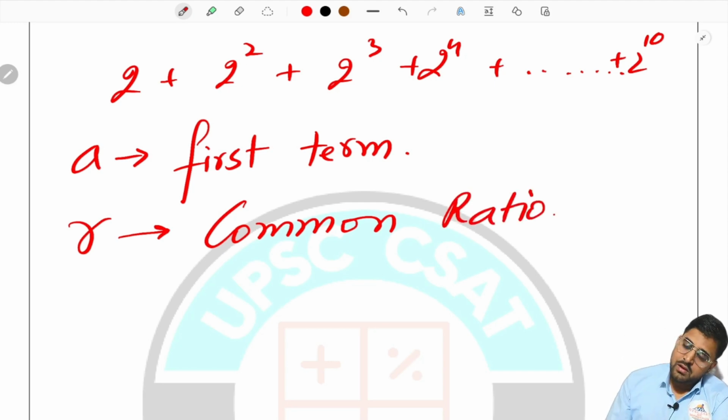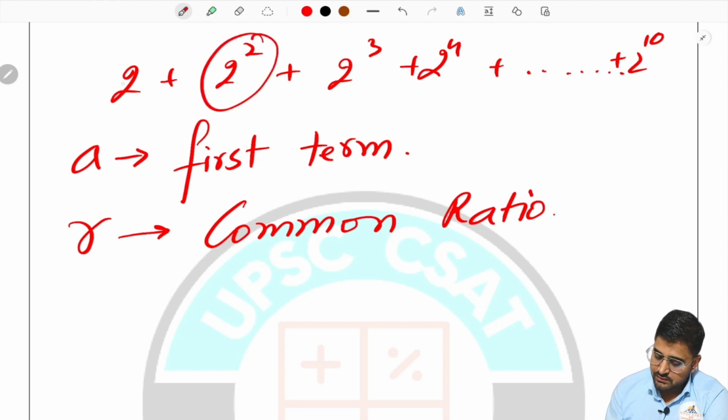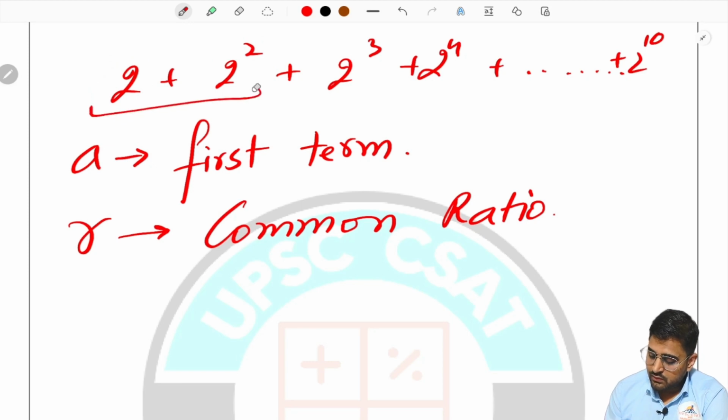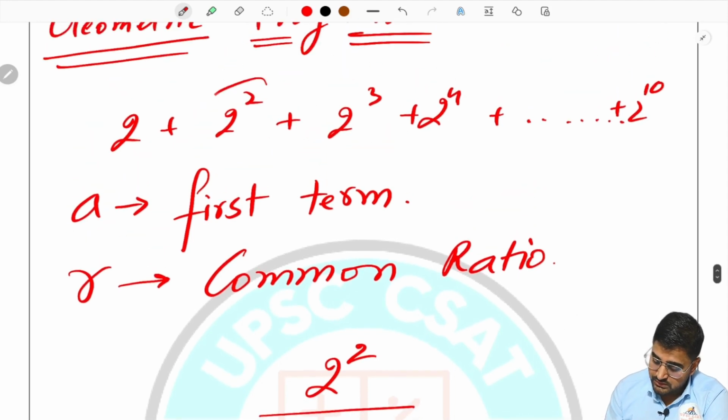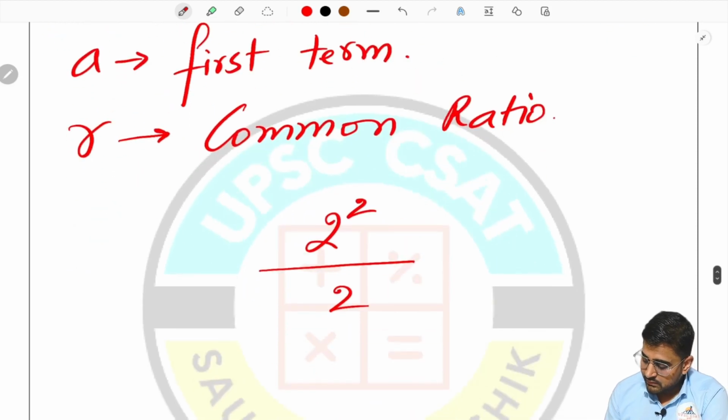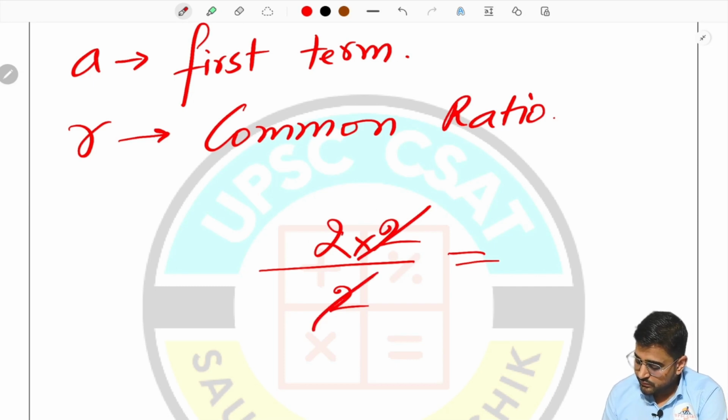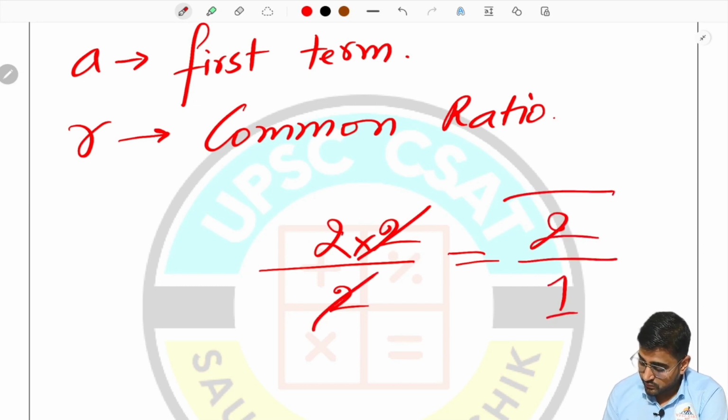See, in AP we subtract this from this. But in this case, we are not going to subtract. We will do 2 to the power 2 divided by 2, this term divided by this term. Then it gives us a ratio. It is basically 2 into 2 divided by 2, this 2 cancels with this 2. It gives 2. This is a ratio.